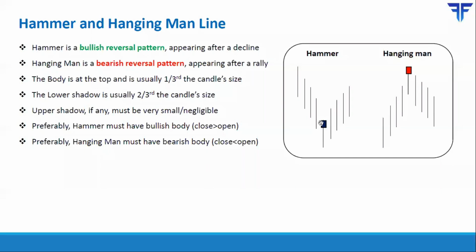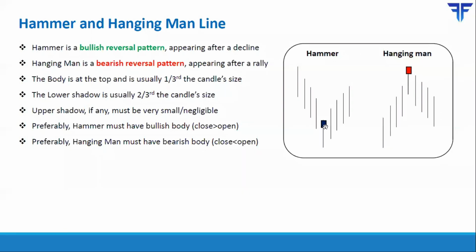The top of the body, which also happens to be the top of the candle, represents the close, while the bottom of the real body represents the open. The real body is situated at the top of the candle and is somewhere around one third the size of the entire candle.